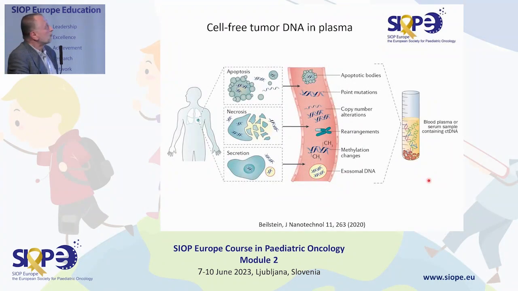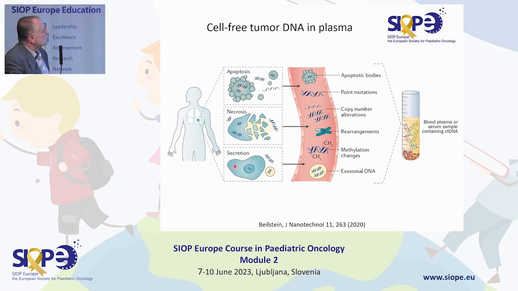And the way to go is cell-free tumor DNA in the plasma. The whole story started with prenatal diagnosis, where they identified cell-free DNA in the peripheral blood of the mother, so that one could do non-invasive diagnostics for fetal abnormalities like Down syndrome and other mutations. Here is an example for lung cancer, from a paper about an adult patient.